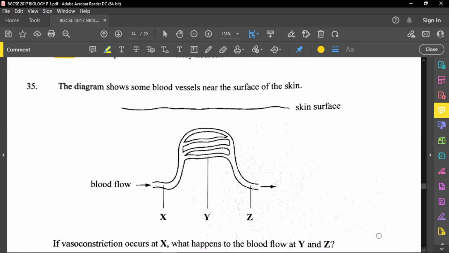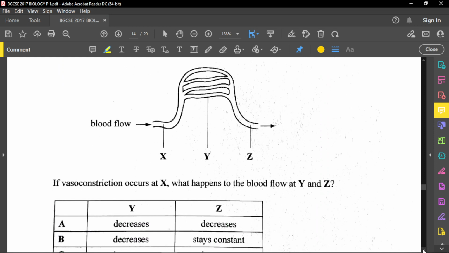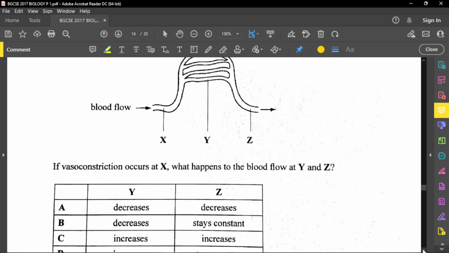Now for 35, the diagram shows some blood vessels near the surface of the skin. This is what we explained in the question before, that the blood vessels will lead to what we call vasodilation or vasoconstriction, right? And the question now asks about vasoconstriction, which is when you are cold, so the blood vessel will constrict to retain heat inside the body and keep your internal temperature constant, right?